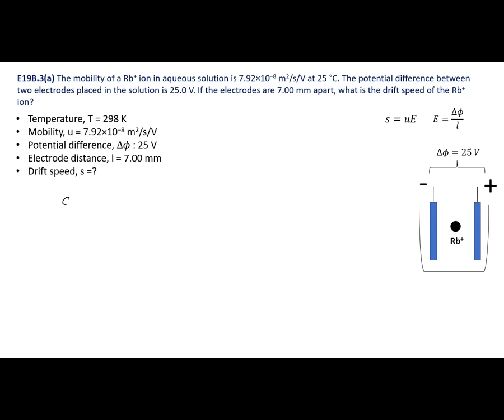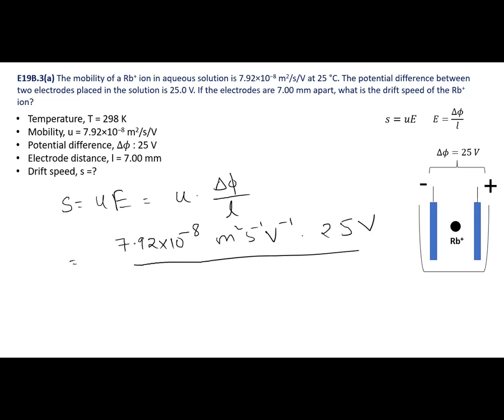So here, as I said, S equals UE. Instead of E, I can write it as U times delta phi over L. Let's do the math. The mobility is 7.92 times 10 power negative 8 meters squared per second per volt times 25 volts, that is delta phi, divided by distance.